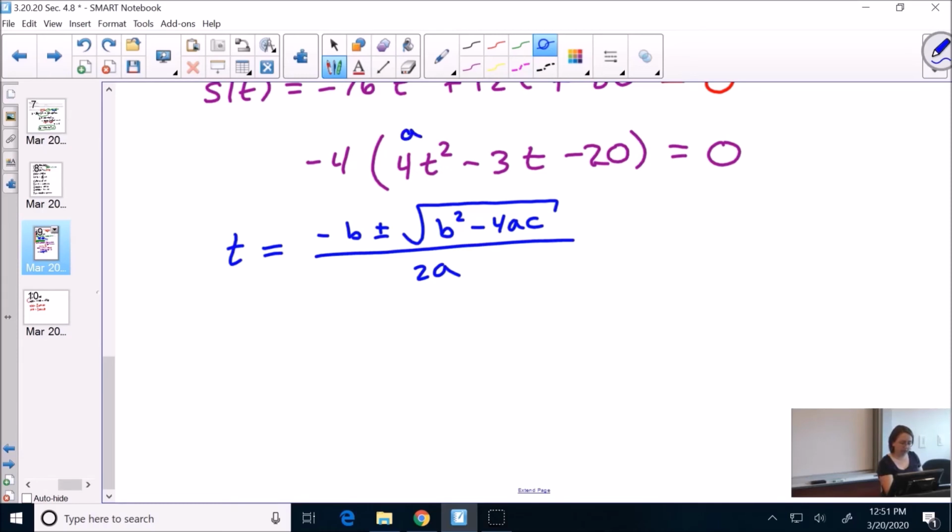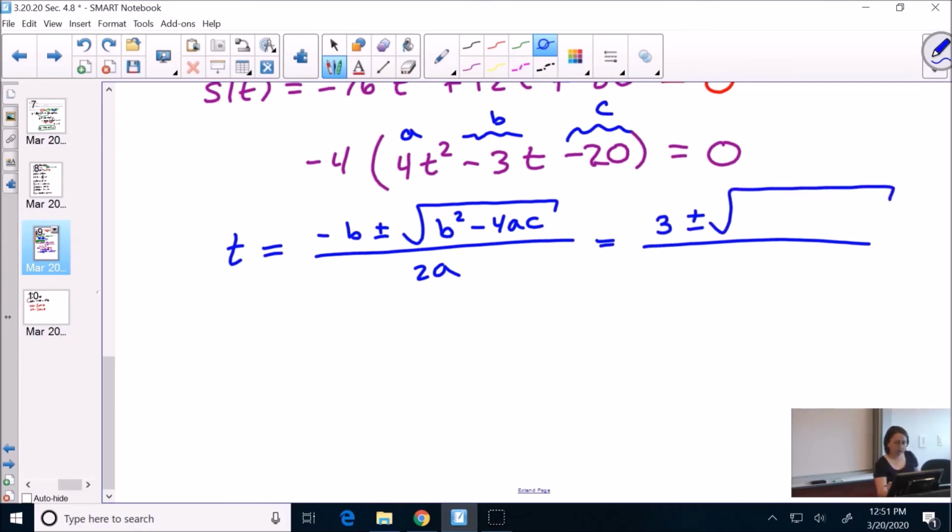So here's your a, your b, your c. Just the numbers, not the letters. So negative our b, so that'd be positive 3, plus or minus the square root of b squared, which is 9, minus 4 times our a times our c. Working it out, let's see what we get.